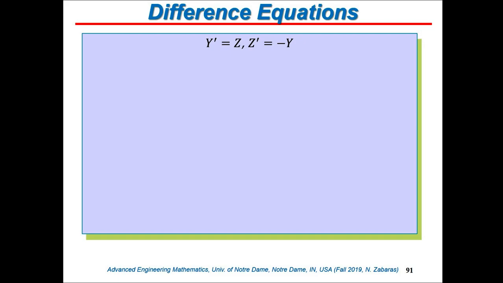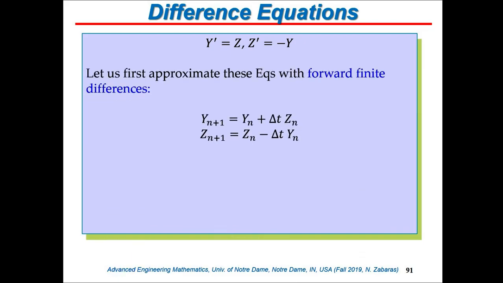So my first approximation is what is called a forward finite difference approximation. If you look at the first equation, there is a time derivative equal to z. I am going to approximate the derivative with the value at time tn, so you have a zn here, and I use a forward finite difference approximation for y.